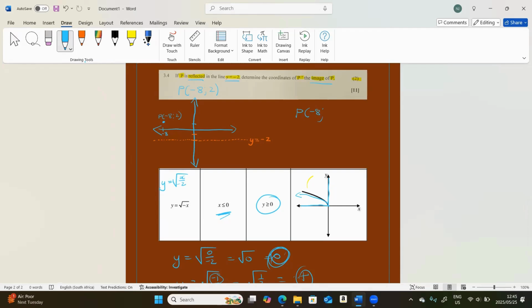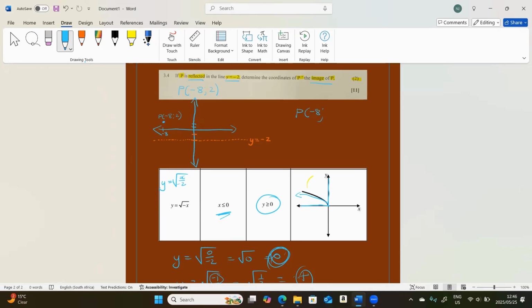We just need to determine how many places we are shifting from point P to my line of reflection, and then apply the same number of spaces below my reflection line. Okay, so we are currently at 2 places above my x-axis.